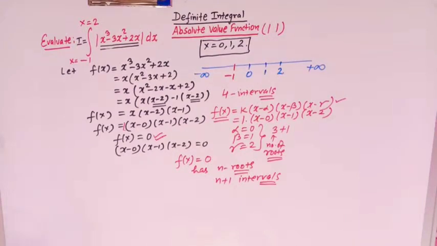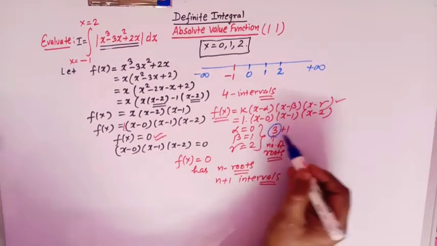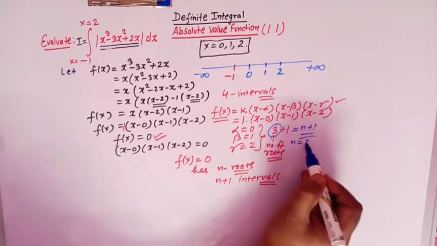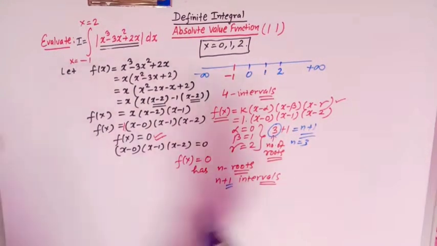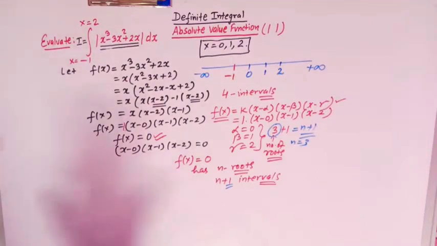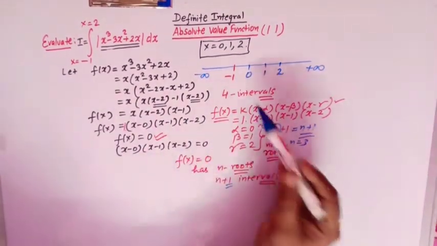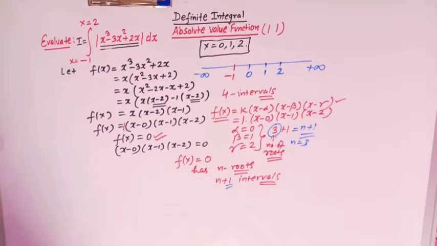We have 3 roots, so we have n plus 1 intervals: n is 3 because there are 3 roots, and 1 comes from this result. Once we have established that these 3 roots divide the real number line into 4 intervals, let us display the intervals.